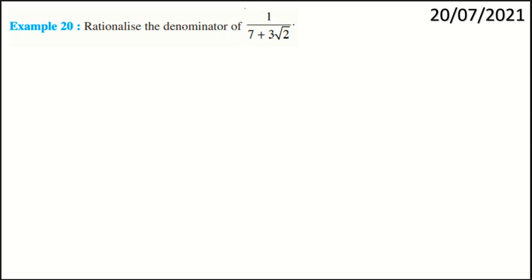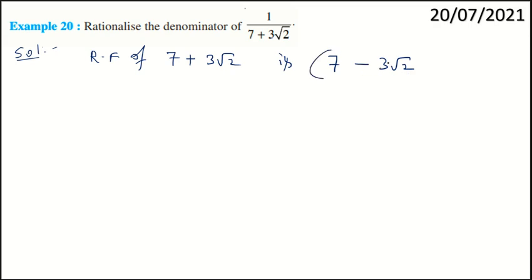Rationalize the denominator 1 by 7 plus 3 into root 2. Now in this question we will find the rationalizing factor of the denominator 7 plus 3 times root 2, which is 7 minus 3 times root 2. We just need to change the a plus b format to an a minus b format to find its rationalizing factor. That's it.